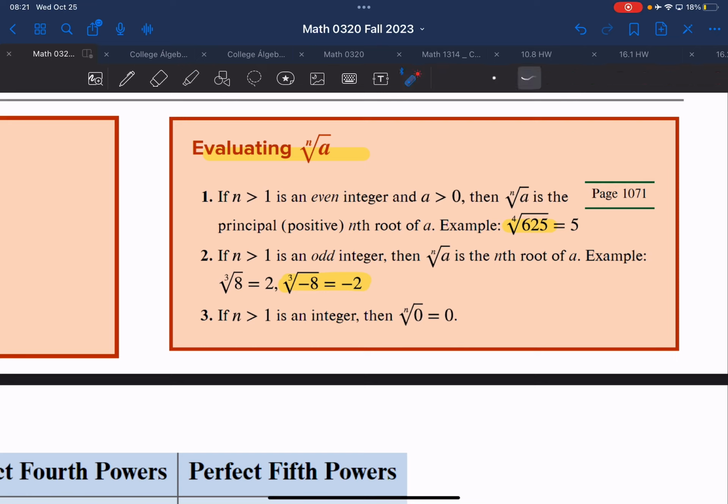Because if we had, for example, this problem here, we could take -2 times -2 times -2, so that's the third root, 3 times, multiply them together, and we would get -8, which is under that radical. So our answer can be negative if the nth root here is odd. We'll see that in the examples.